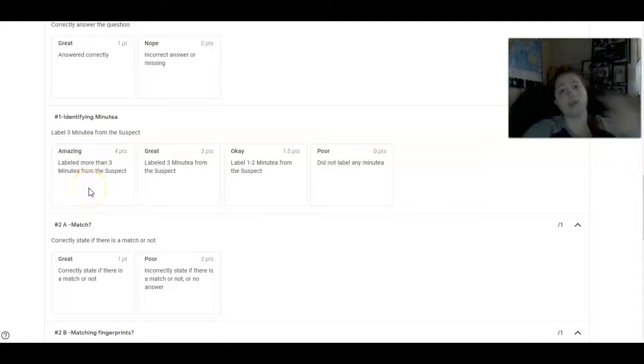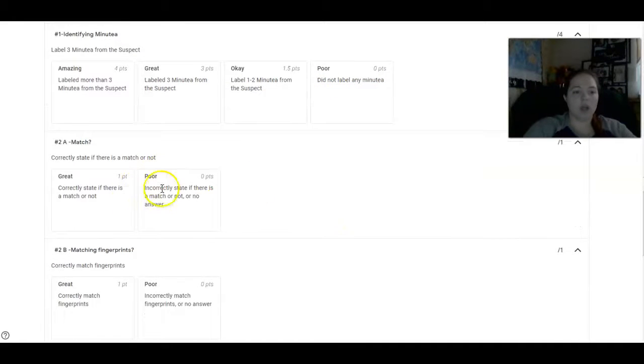Here's my embedded bonus points. You have to label, my minimum is 3. If you label 4 or more, you get bonus points. If you label 3, you get 3 points. If you label 1 to 2, you get 1.5 points. Poor, no points. Poor is not labeling anything.